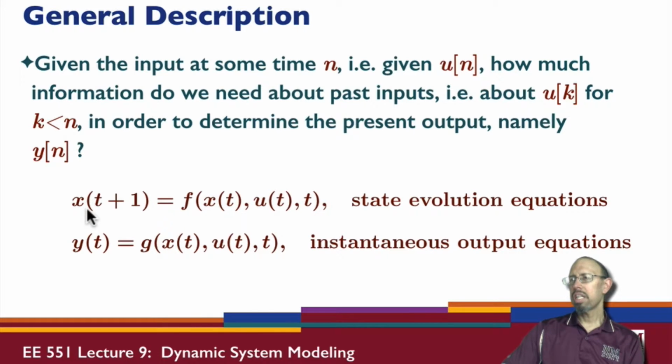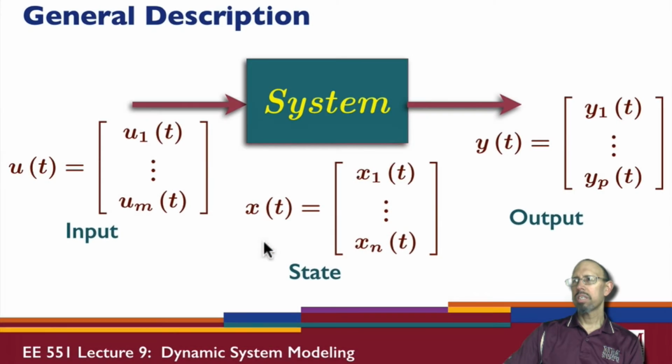So we can write it this way. In general, we will have a state. So x at the next time is equal to some function of x at the present time, u at the present time, and the time. And the output y is some function of x, u, and t.